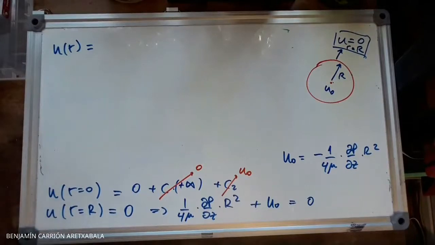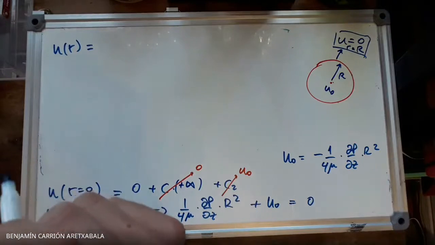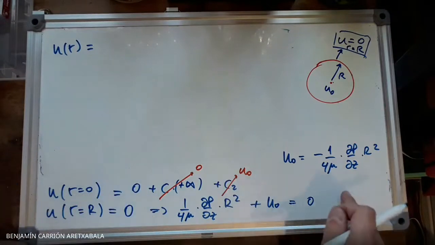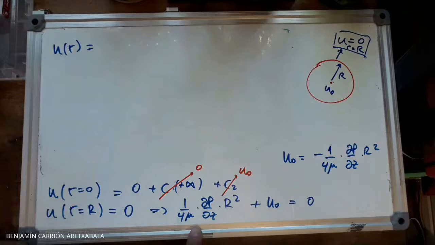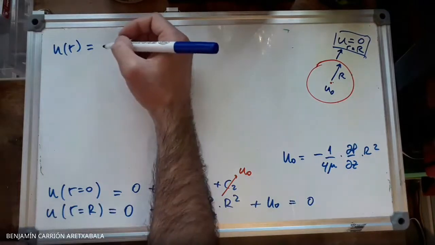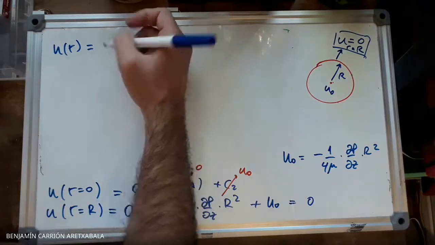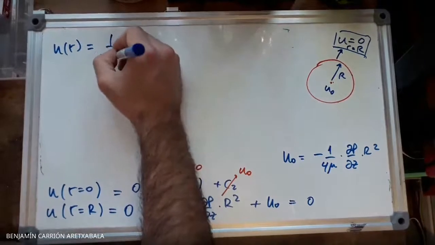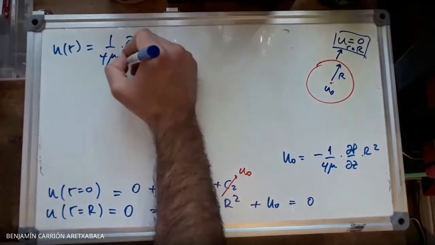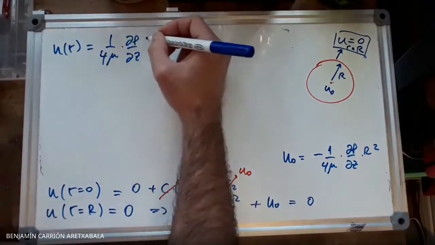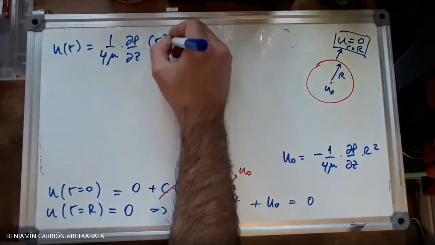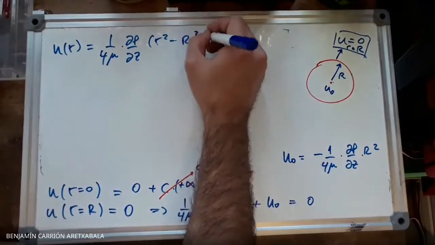But u of r is really here, right? It's 1 over 4 mu dp dz times r squared minus big R square.